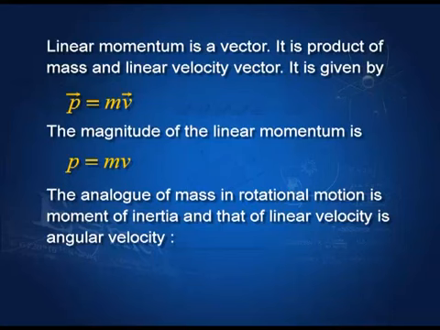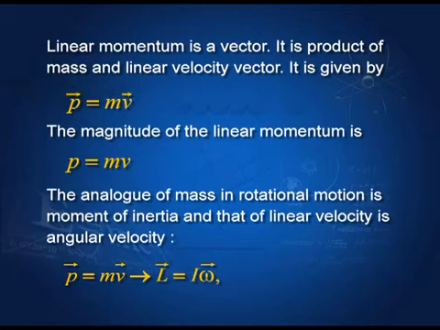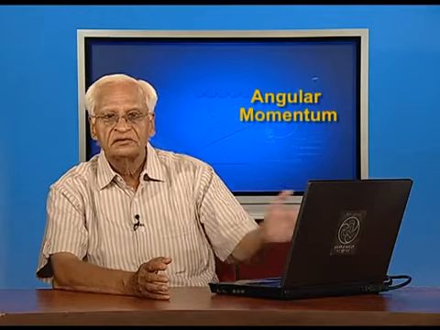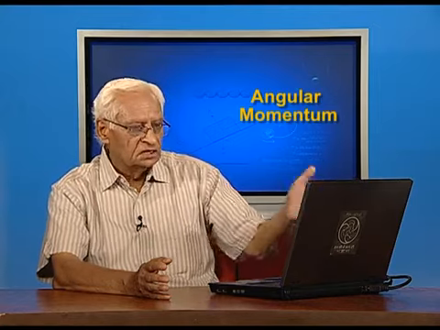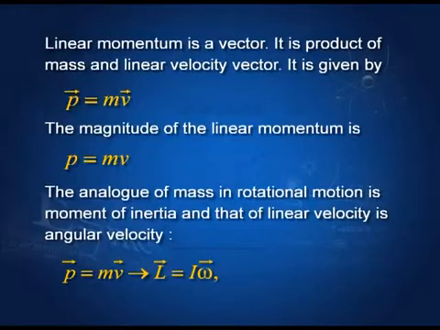So, what we have is p equal to m v in linear motion, and it is replaced by L equal to I omega, where L is called the angular momentum. We have just found this by translating linear momentum to angular momentum, velocity to angular velocity, and mass to moment of inertia.